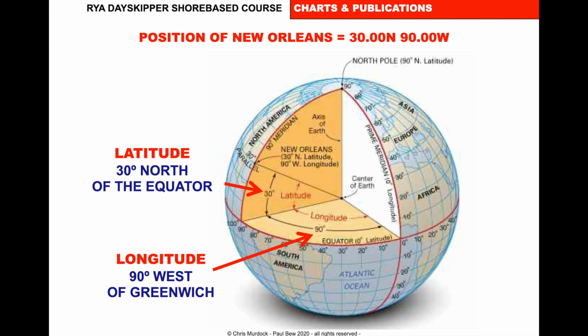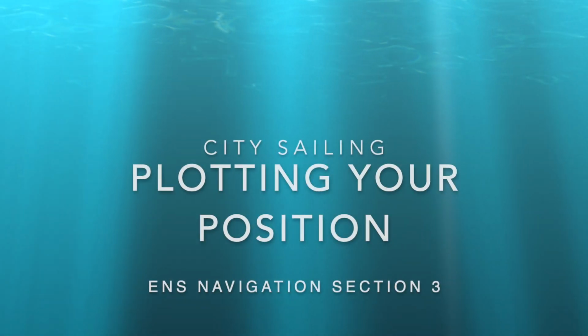So if we look at the position here of New Orleans, which is 30 degrees north and 90 degrees west, we can go 30 degrees north of the equator on the line there, and then we'll go 90 degrees west from the Greenwich meridian, and where these two meet will be the position of New Orleans.